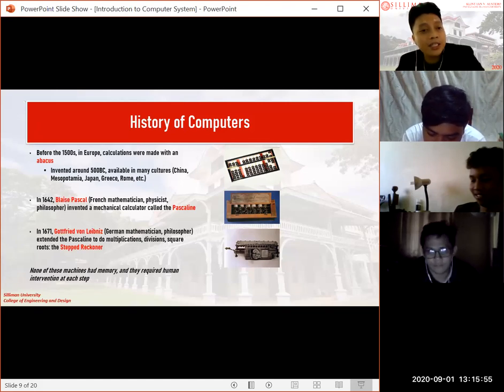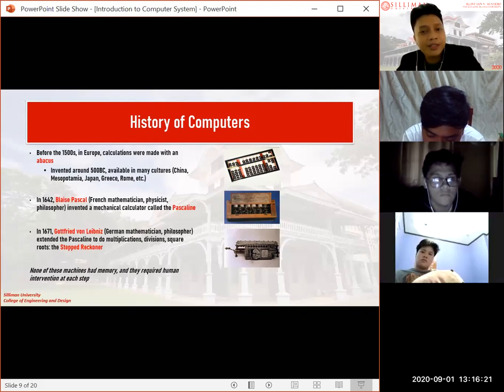This is what we call the mechanical machine calculators. A good example is in 1642, when we have Blaise Pascal, a French mathematician, who created what we call the Pascaline. This Pascaline machine was a helping tool for his father in doing taxes.